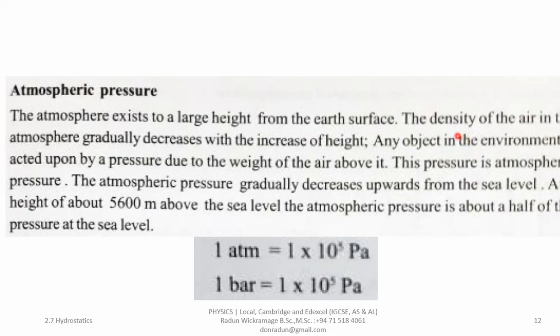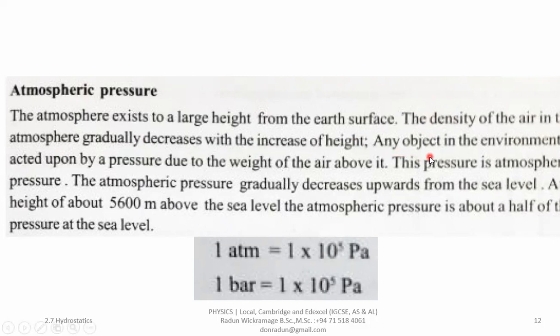Starting from the surface and going down through the atmosphere, the density of the atmosphere increases. But if you start from the surface of the earth and go up, the density of the atmosphere gradually decreases. You can understand that, right?